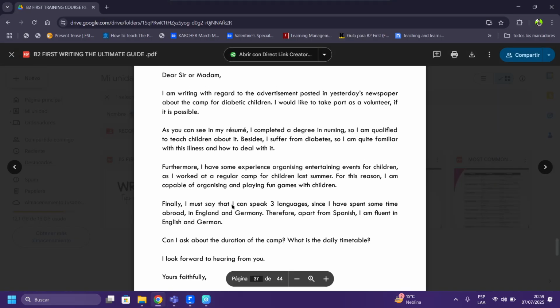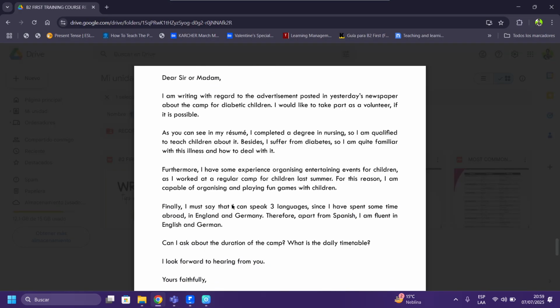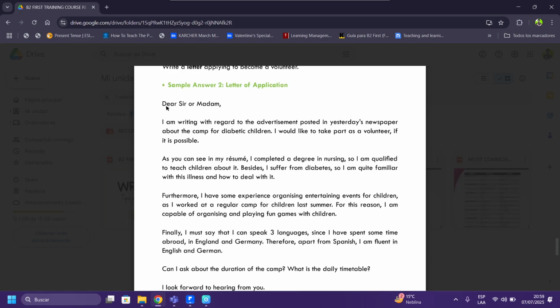Here is how to write a letter of application. You have to start with a greeting, and then in the first paragraph you have to write about where, be careful with this, where you saw the announcement for the job, and what is the position that you are asking for.